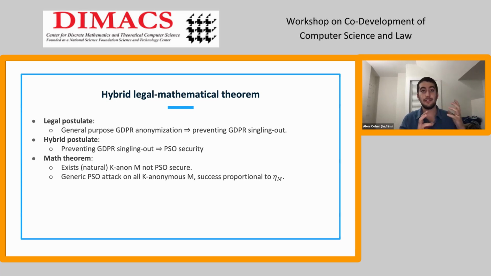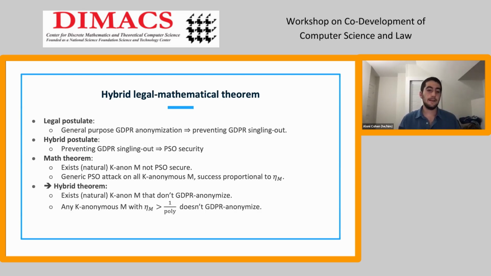Now we have a math theorem. Once we have a mathematical definition or hybrid definition that operates in the mathematical realm, we can prove theorems about it. So we prove that there are k-anonymous mechanisms that are not PSO secure, specific ones, and also that there are generic attacks that get you this mechanism-specific success parameter. And so all of these things together imply a hybrid theorem, which is that there exist natural k-anonymous mechanisms that don't GDPR anonymize.